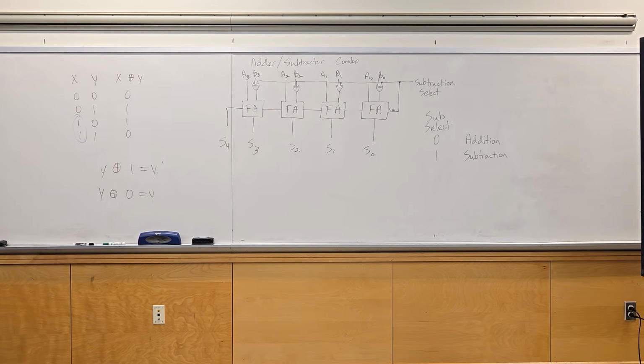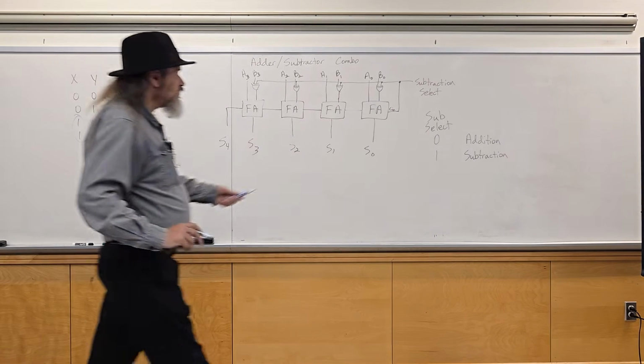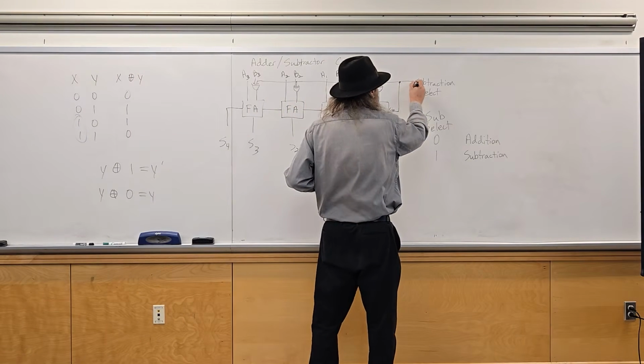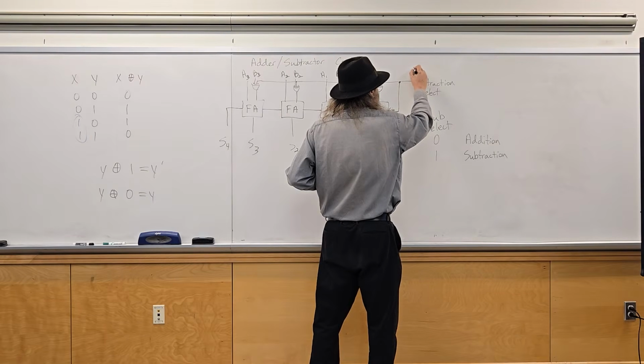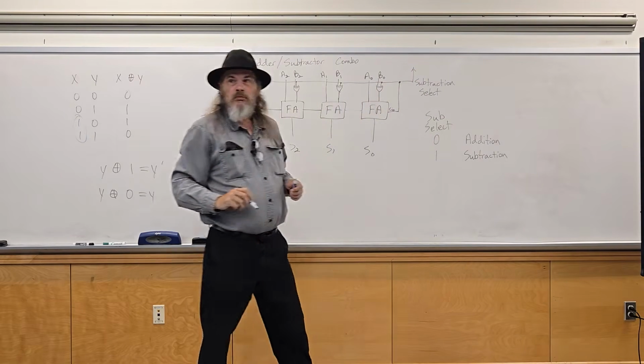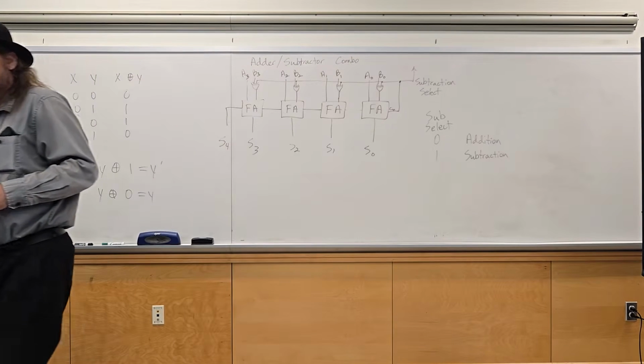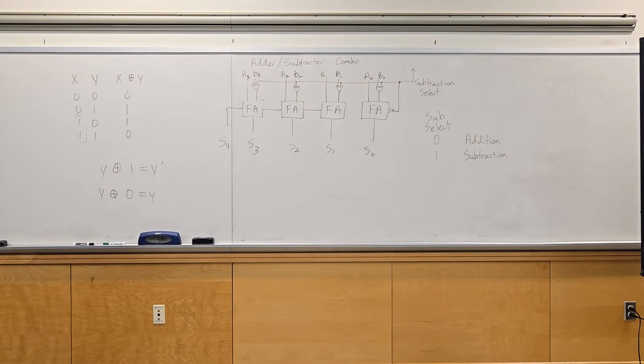What are the inputs 0 and 1 on the subtraction select? The subtraction select, this line right here. It's like a function select.